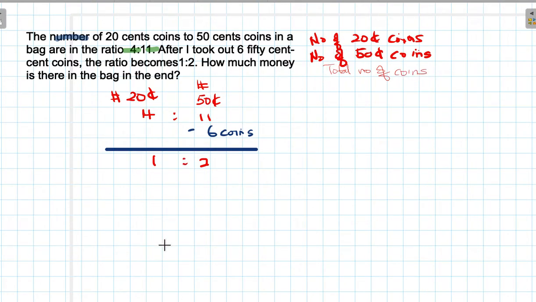And I also have to think about what is the difference, is there a difference in the number of coins.